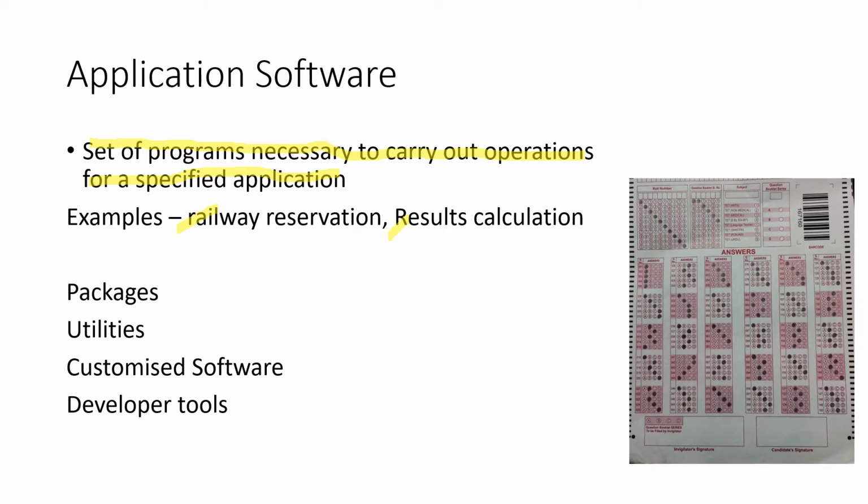And if we take results calculation software, for example, these days the exams are written and answers are marked in OMR sheets. So there should be a specific program written to scan the OMR sheets where all the answers are marked, like the ID allocated for the student, and all the details, answers and options.